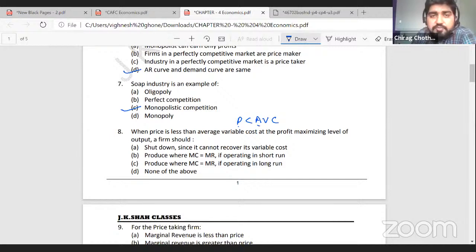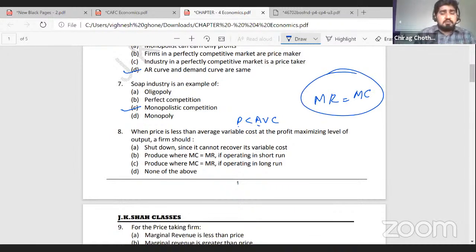There is no chance of producing goods and services. Yes, I have told you that you have to produce when you get the point where MR is equal to MC. But at the same time, I have also told you that only when the price is greater than AVC will you go for production. If your price is less than AVC, even if MR is equal to MC, we will not produce because it will be our shutdown point. So the correct option would be A, shutdown, since it is not able to recover its variable cost.